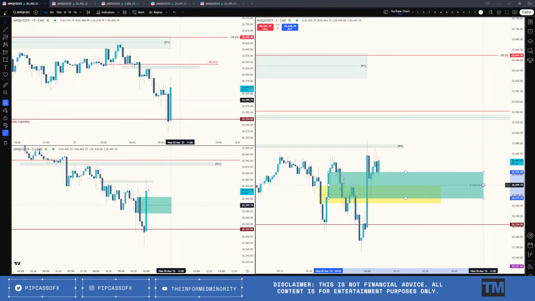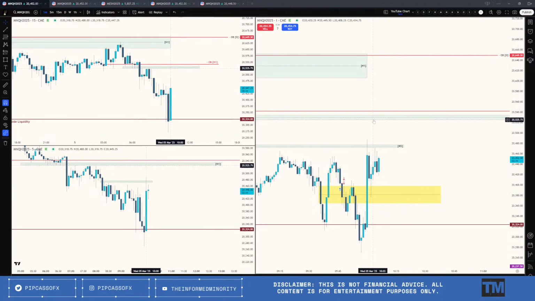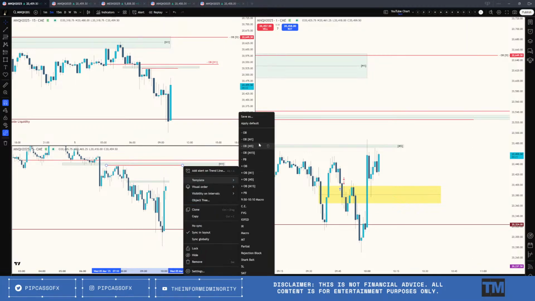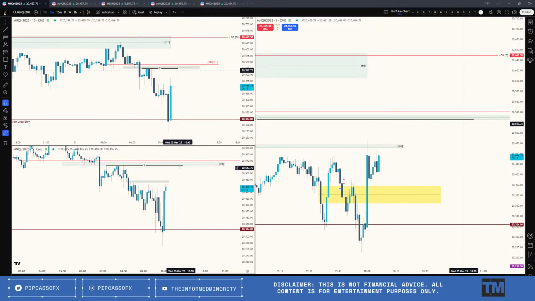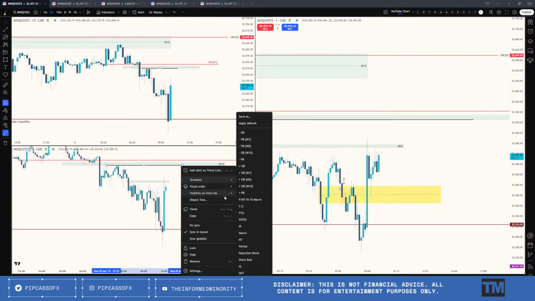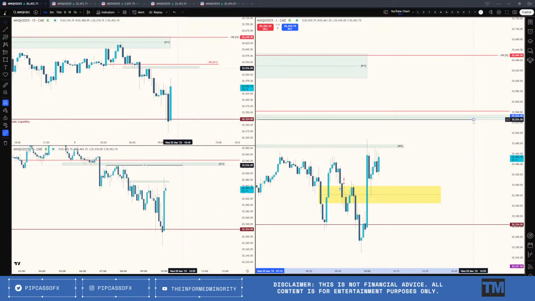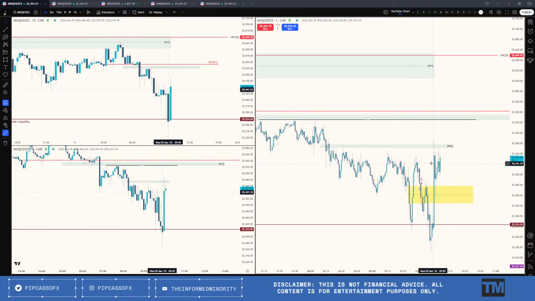After that close, I'm thinking we're gonna tap this up here, these equal highs right here. Right there. Let's do that. So that's where I think that was my initial target, what I was looking for.